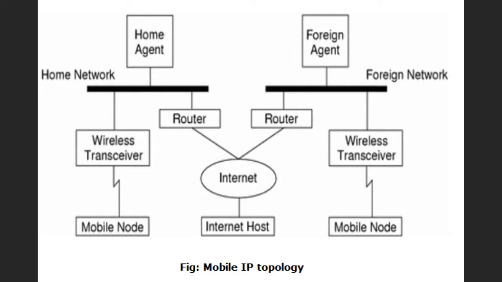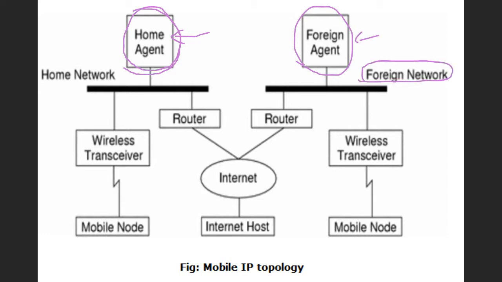We just studied how mobility is dealt with in the network, but let's understand how, in terms of internet protocol, that means at the network layer, the whole thing is managed. Suppose for every device you have a home agent, which is basically a router at your home network, and you have a foreign agent as well, which is a router in your foreign network.